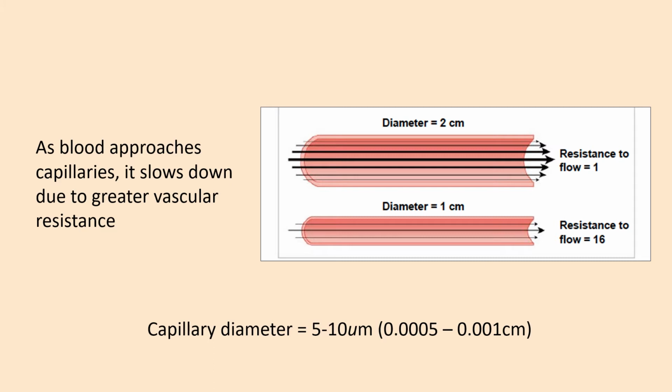And up top, notice that we see more long, thick arrows near the center of that vessel that are more or less free from the forces of friction. Then down below, we don't see very many arrows that are free from the forces of friction. So up top, in that larger vessel, we have less vascular resistance and a faster flow rate. And down below, in that smaller diameter vessel, we see more vascular resistance and therefore a slower velocity of flow.